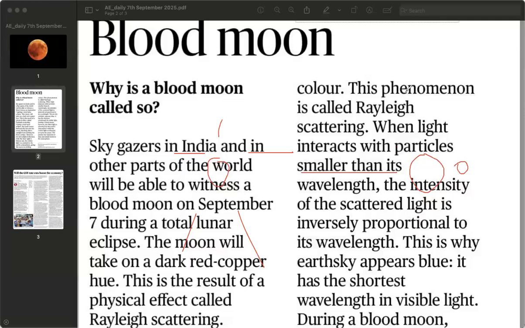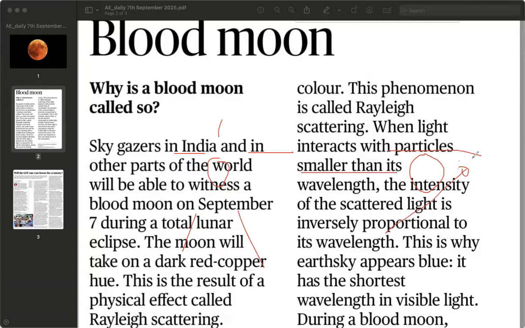But why does it appear red? Now, the interesting part is, not all sunlight is blocked. Some sunlight sneaks around the earth's edges, right?